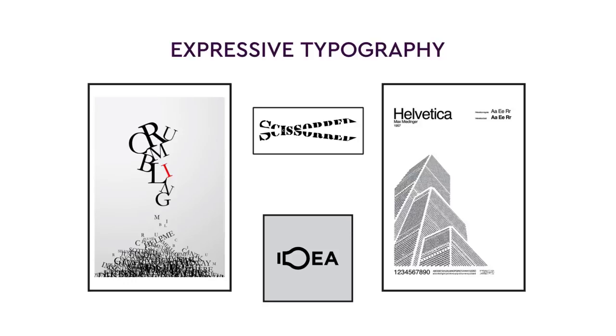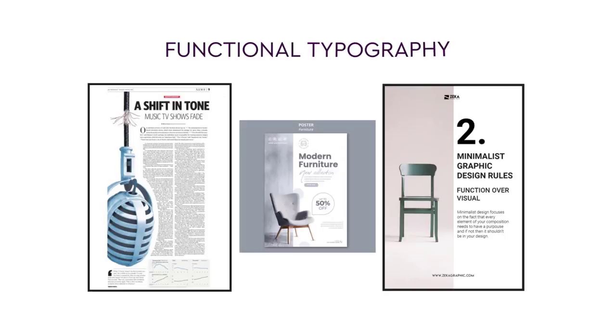You can also see it in the scissors. So these are examples of expressive typography, as opposed to the former one, where communication was driving it, as different from it being an expression of art.